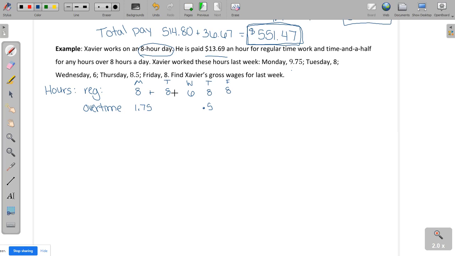And Friday is 8 hours. If we add all of this together, 8 plus 8 plus 6 plus 8 plus 8, that's going to give us 38 hours of regular pay. Now, if we add our overtime, 1.75 plus .5, we get 2.25 hours of overtime.